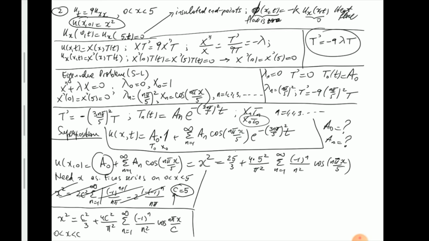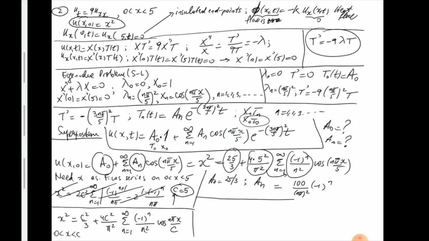A naught obviously is the constant term in the Fourier cosine series, and a n is everything that's multiplied by cosine of n pi x over 5. And don't forget the constant on the outside, which you can bring inside the summation. So a n ought to be 4 times 25, which is 100 over n pi squared, combine pi squared with n squared, minus 1 to the n.